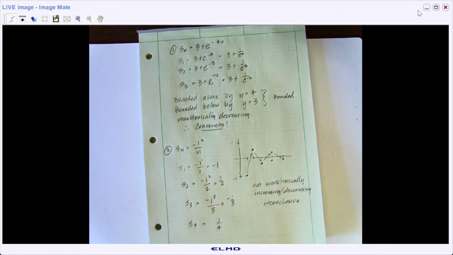So we're inconclusive on this one, at least in terms of using the theorem. We're going to have to dig into it with limits and try to get a sense of whether it converges using a limit. And that's going to be a little bit harder to do.